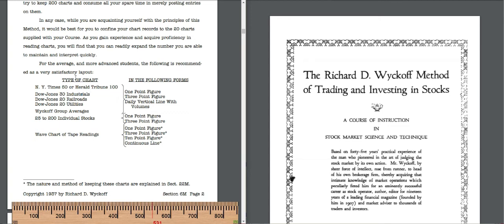You have far fewer markets, right? So you'll be following the ES, gold, oil, yen, euro. In the following forms: 1 and 3 point, 1 and 3 point, 10 point figure. Alright, and a continuous line.